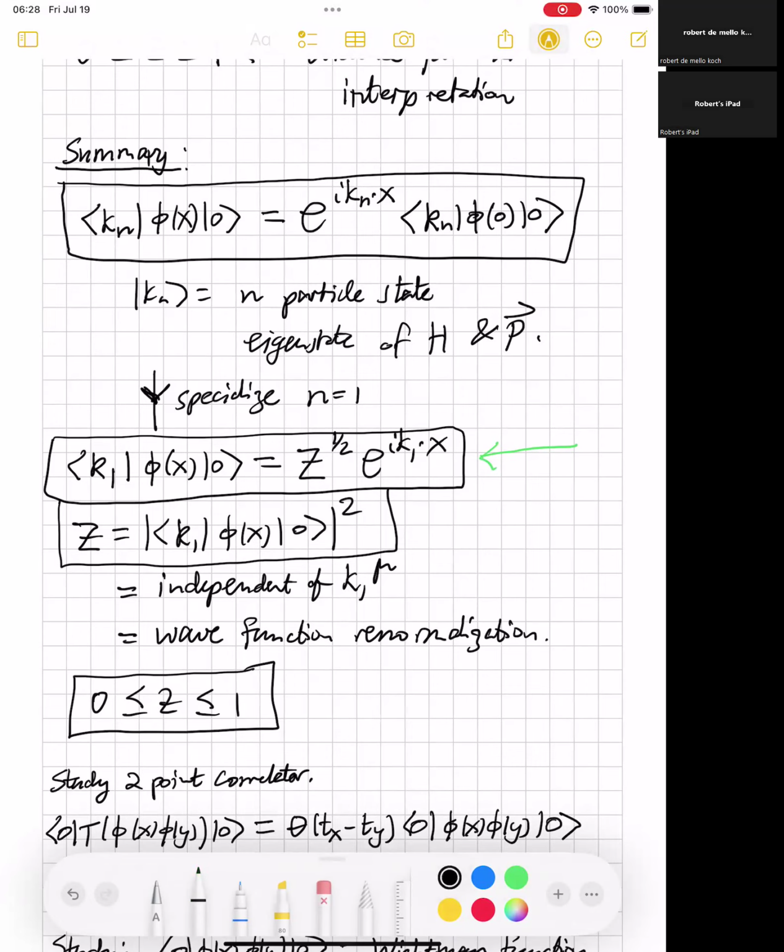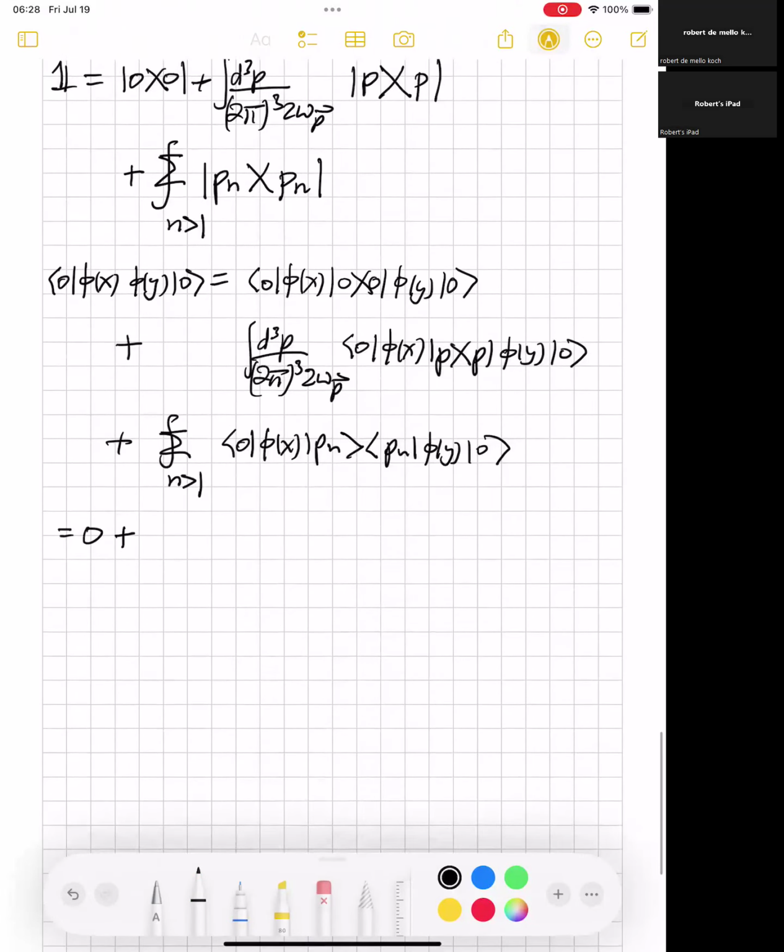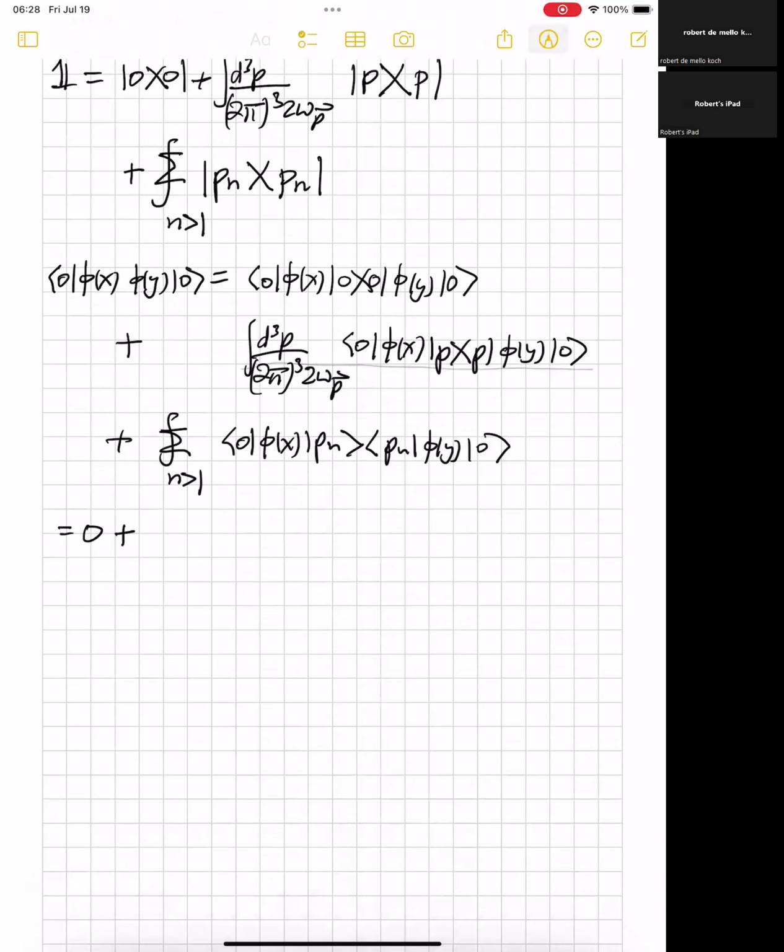So let's use it now. What is this going to be equal to? Well, we'll have an integral d3p over 2 pi cubed 2 omega p. From the first matrix element, we'll get a z to the 1/2. From the second, we'll get a z to the 1/2. So we're going to end up getting a z.